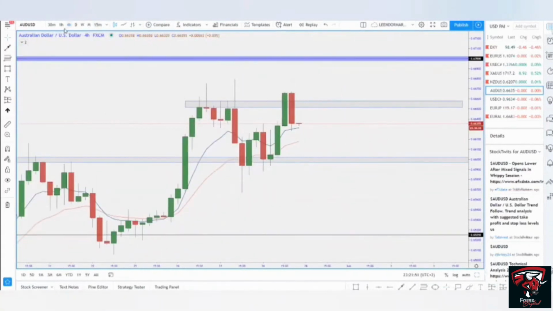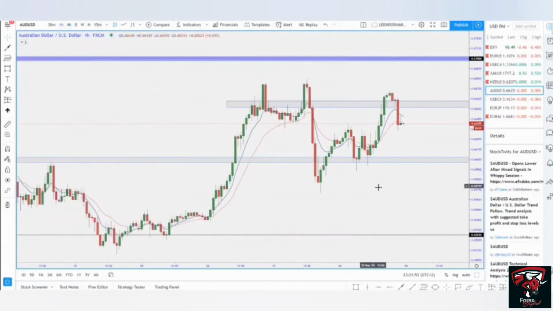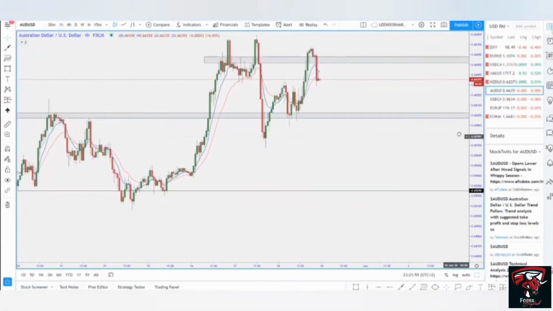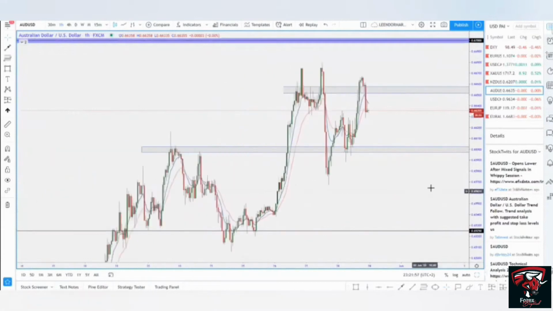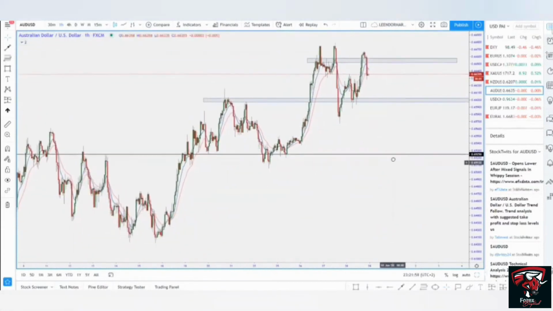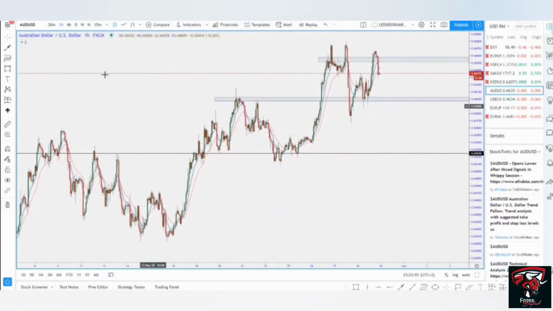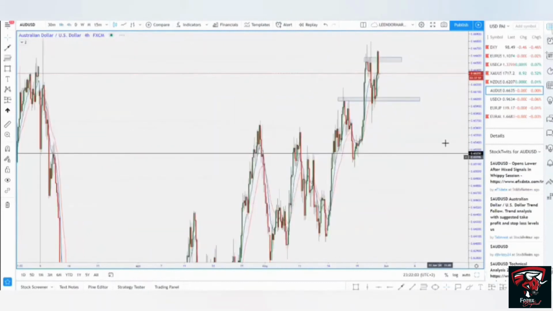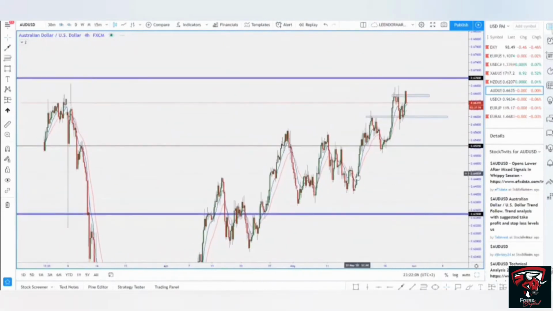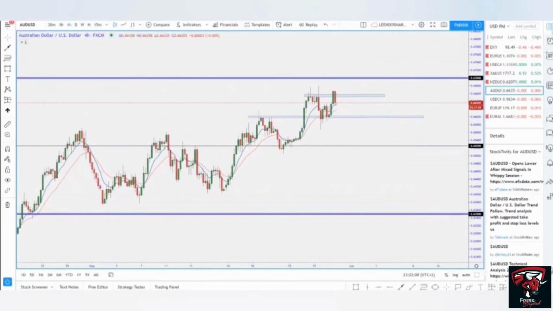I'm going to be zooming into a smaller time frame to understand possible areas of entries that I can use. I can pull out other tools that I have. I can even go to the H4 to see what I have on this chart. Maybe I can start drawing trend lines from the bottom.